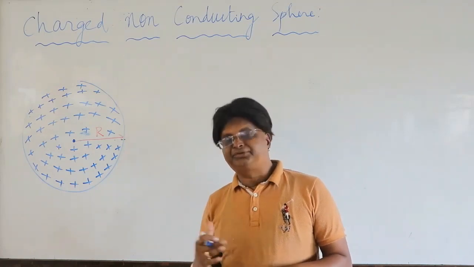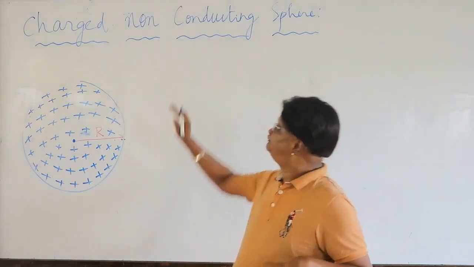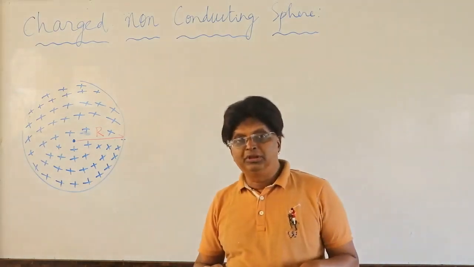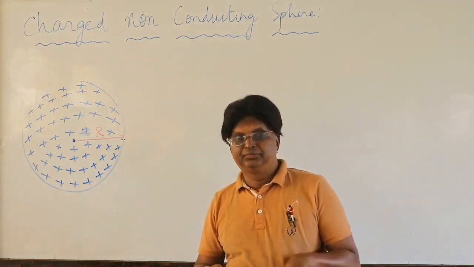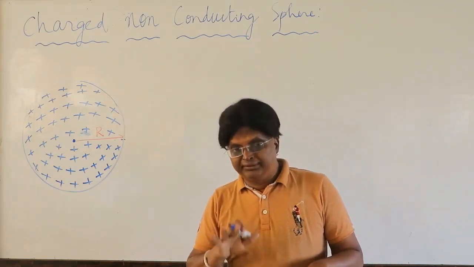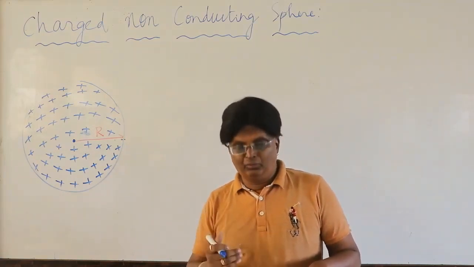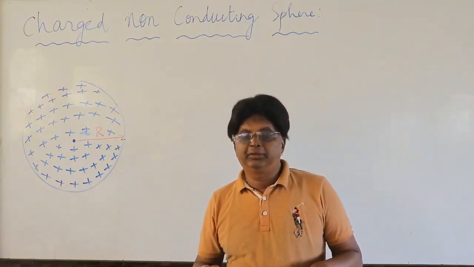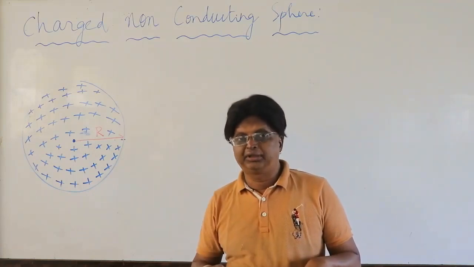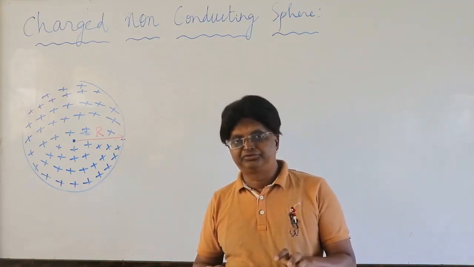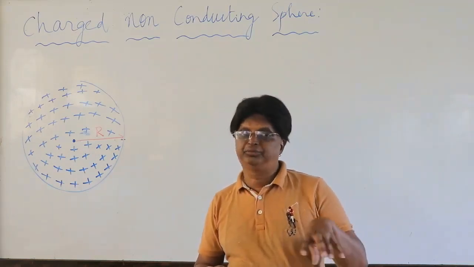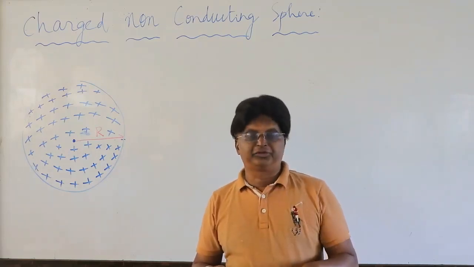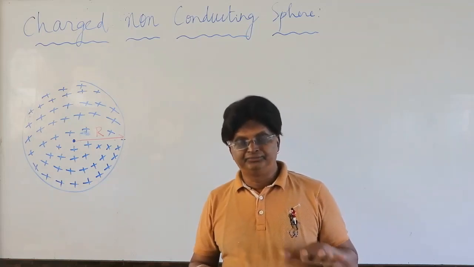The simplest case we are taking is a charged non-conducting sphere that is uniformly charged. That is, the charge by volume will be the same at any given volume. Such a case we call uniform volume distribution of charge. Remember, this kind of volume distribution is never possible in the case of conductors.